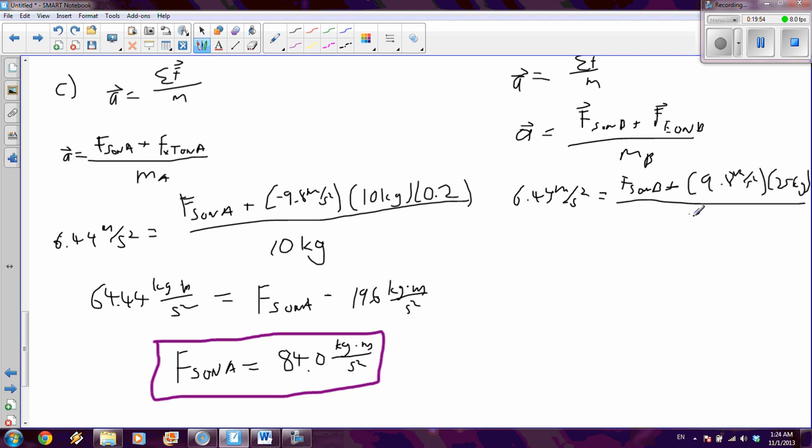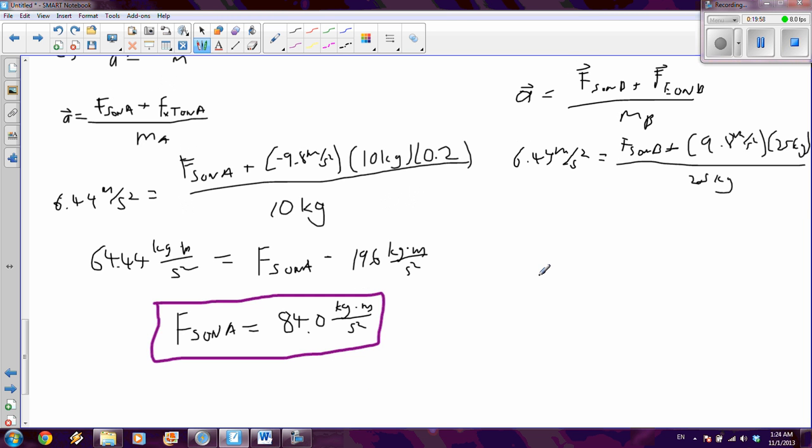So I'll divide by the mass, 25 kilograms. Multiply both sides by 25 kilograms. We end up with 161 kilograms times meters per second squared.